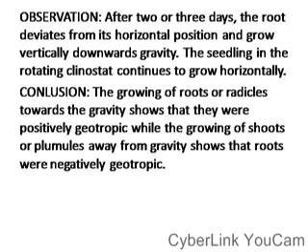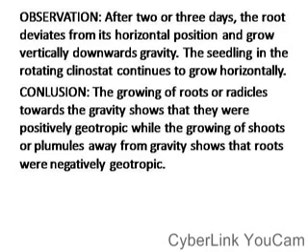The seedling on the rotating clinostat continues to grow horizontally because it received the stimulus of gravity equally in all directions. Conclusion: the growing of roots or radicles toward gravity shows that they are positively geotropic, while the growing of shoots or plumules away from gravity shows that the shoots are negatively geotropic.